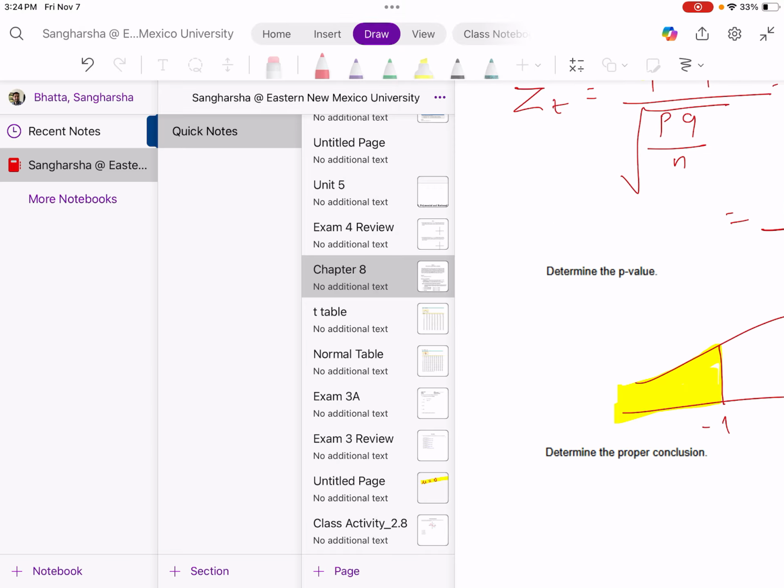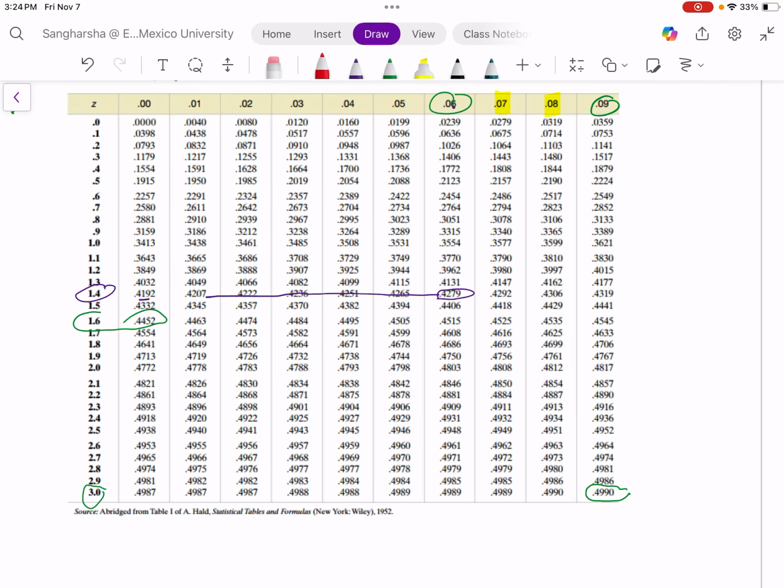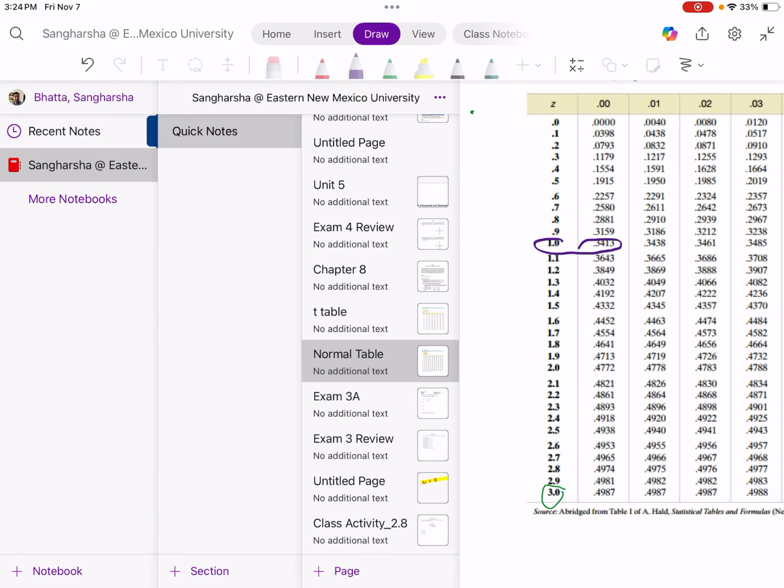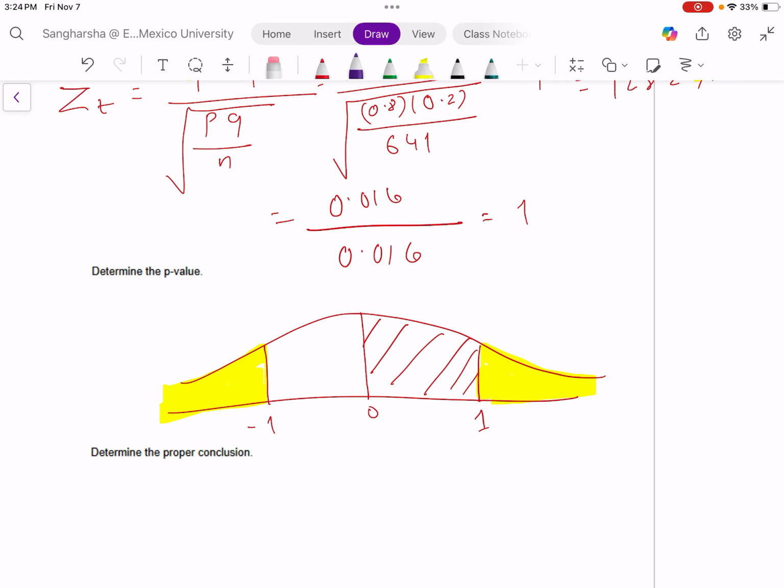When z equals 1, the area is 0.3413. In a similar way, this is also 0.3413.